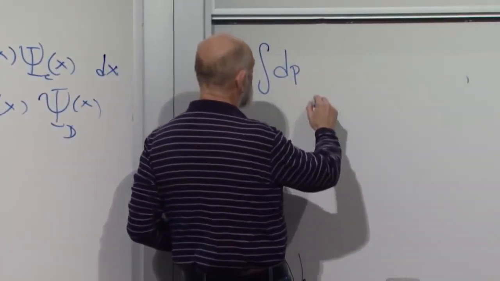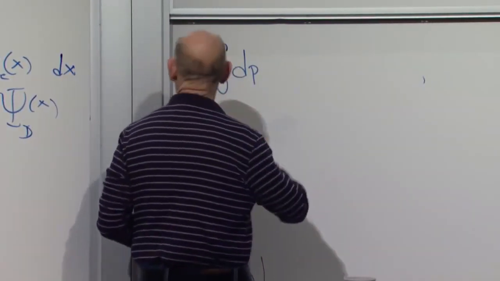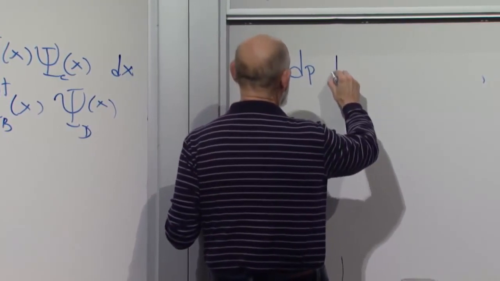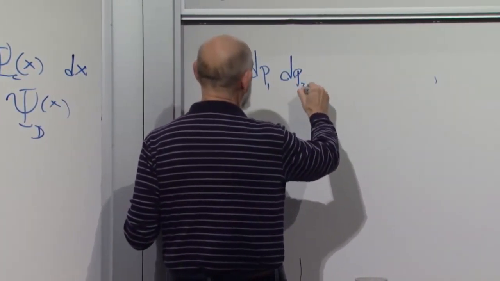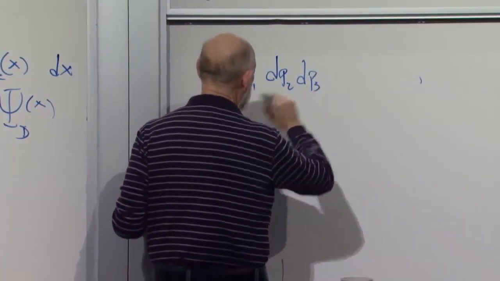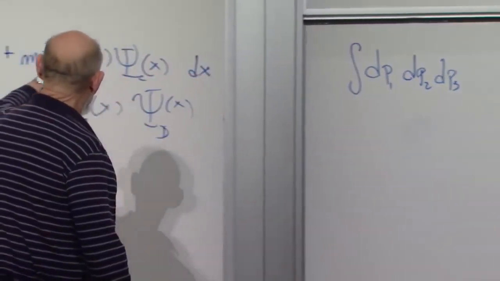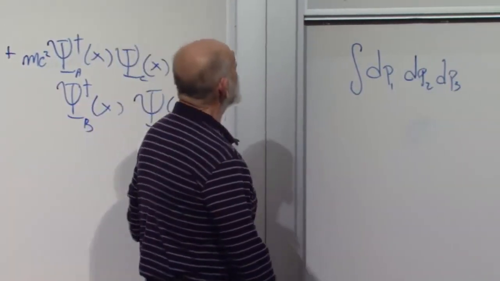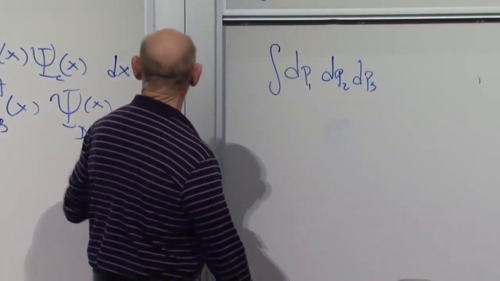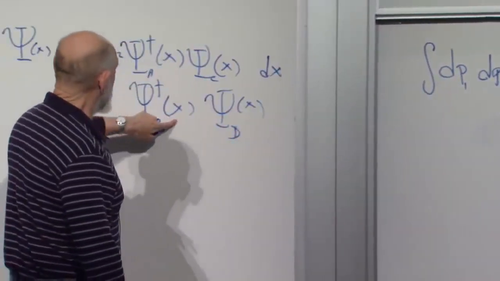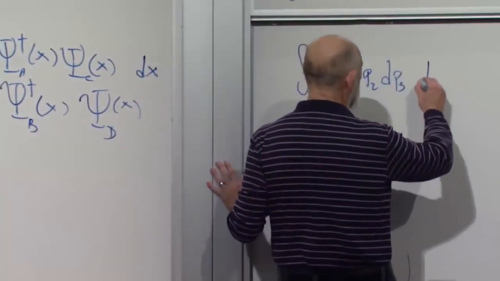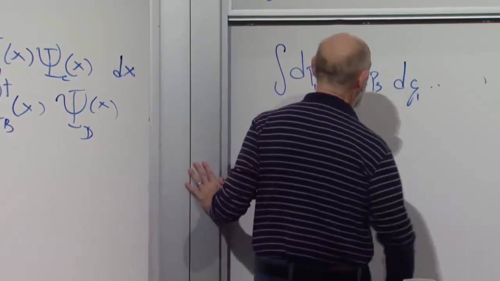The p's could stand for the particles that are being created, for example, dp1, dp2, dp3, and so forth, however many fields there are. And then, oh no, those are q's, sorry. Q's go with the daggers, p's go with the psis. All right, so we have some q's also, dq1, however many of those there are.